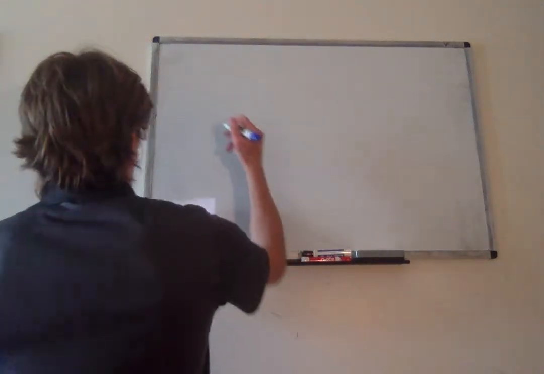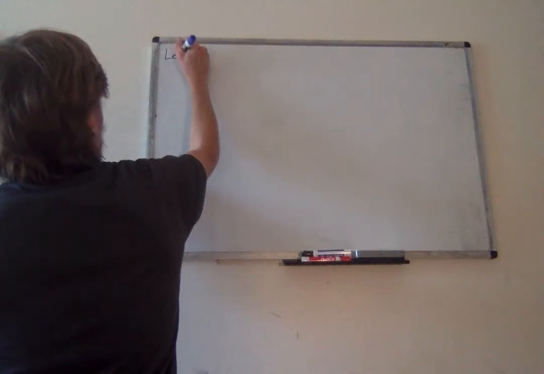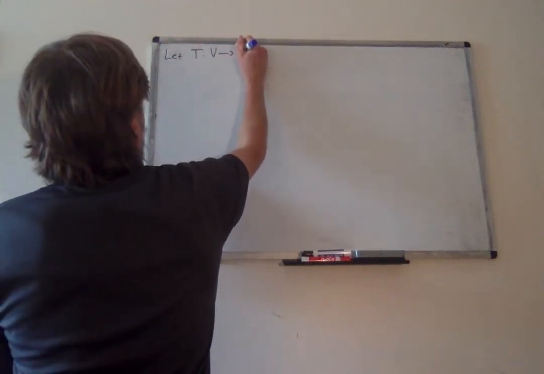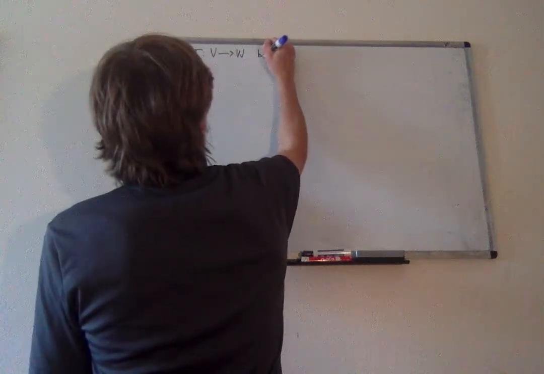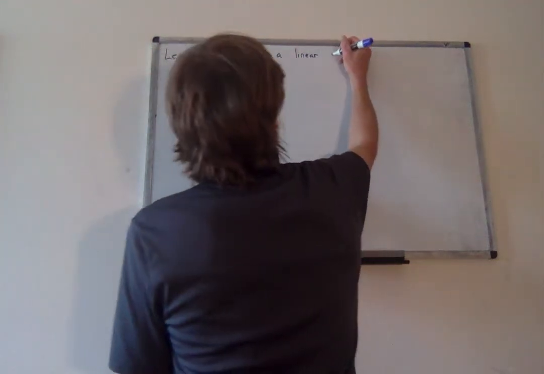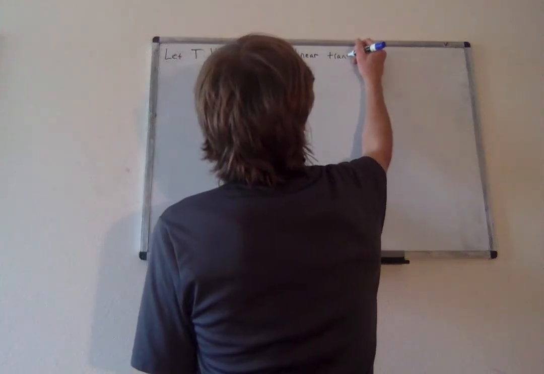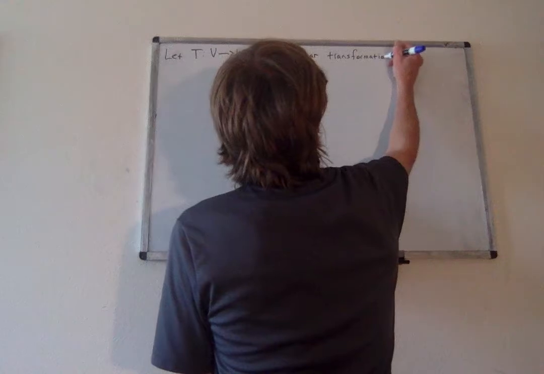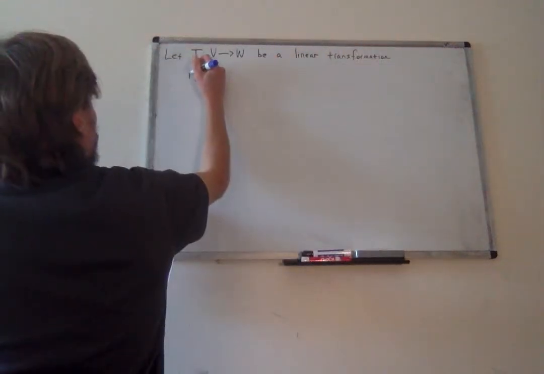So let T from vector space V to vector space W be a linear transformation. Now I want to introduce two definitions.